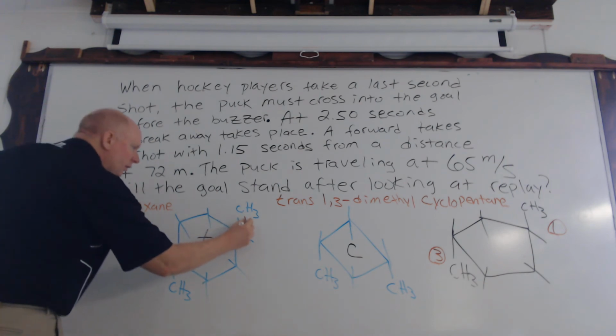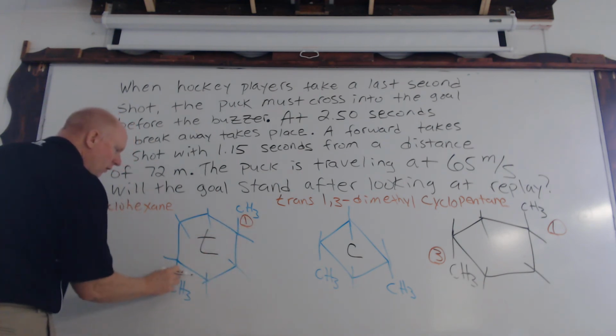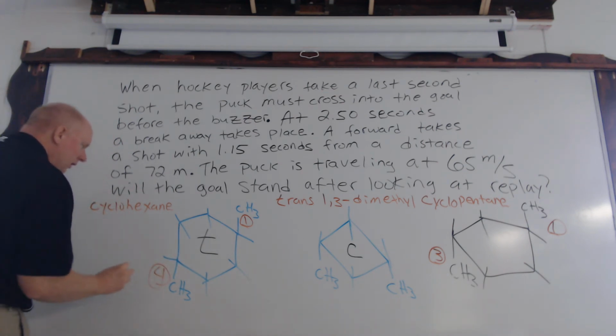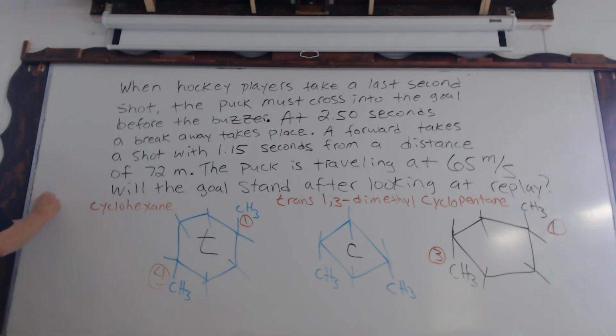We'll just call this one number 1, 2, 3, 4, or 1, 2, 3, 4. They both give you the same numbers. So we've got 1,4-dimethyl cyclohexane, and they're both pointing in opposite directions, so that is trans then.